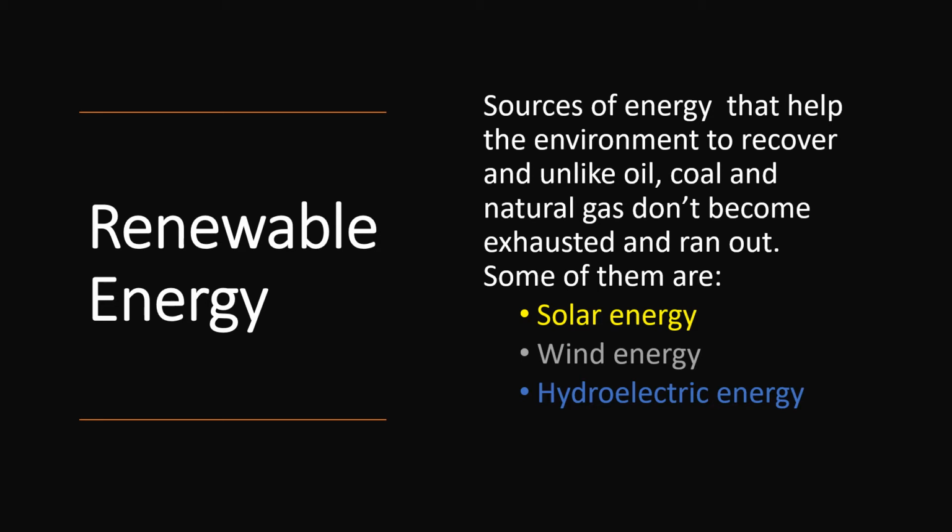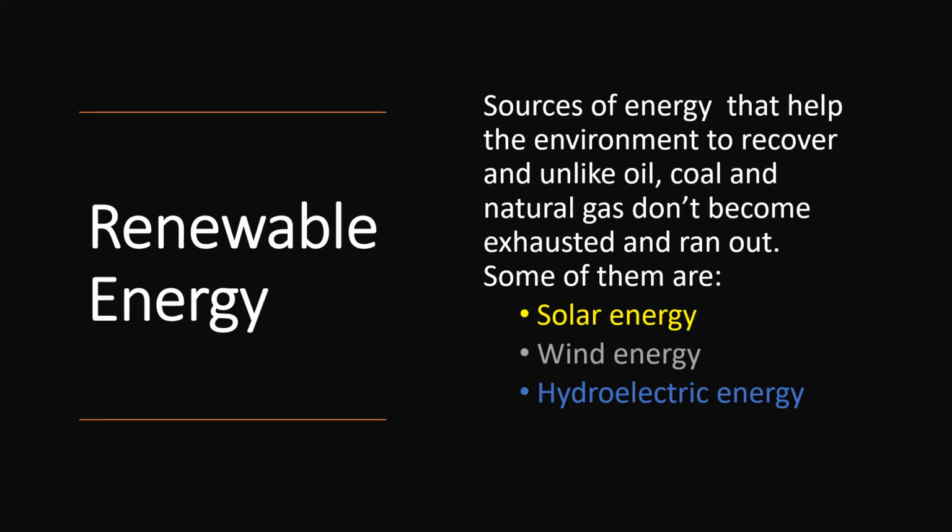Renewable energy are the sources of energy that help the environment to recover. Unlike oil, coal, or natural gas, renewable energy doesn't become exhausted and run out. So we have them with us.